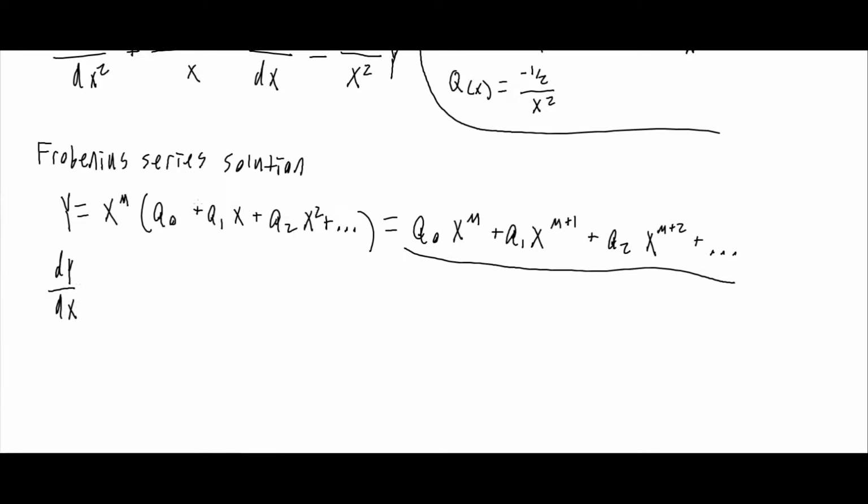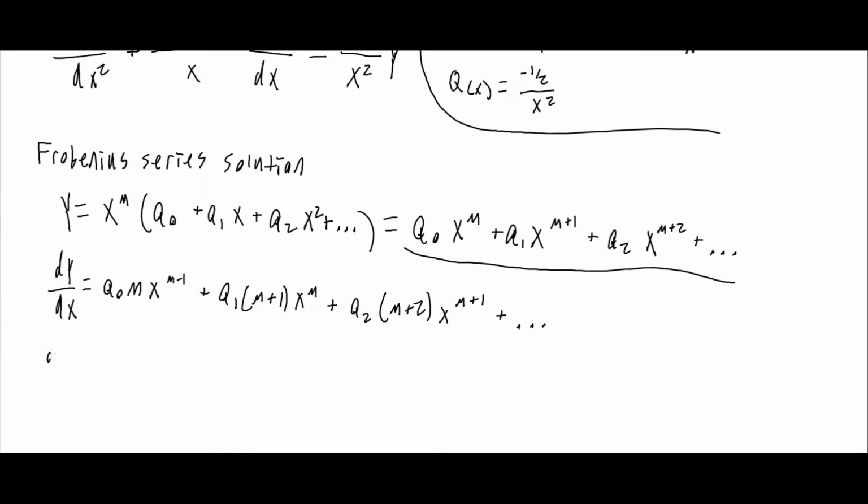And so then our dy dx, going term by term and taking the first derivative of each of those, is going to have a form that looks like a naught m x to the m minus 1 plus a 1 m plus 1 x to the m plus a 2 m plus 2 times x to the m plus 1 and so on, going to infinity.